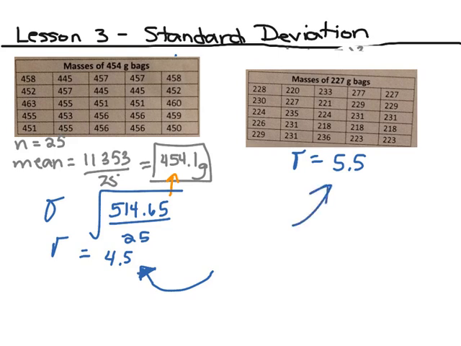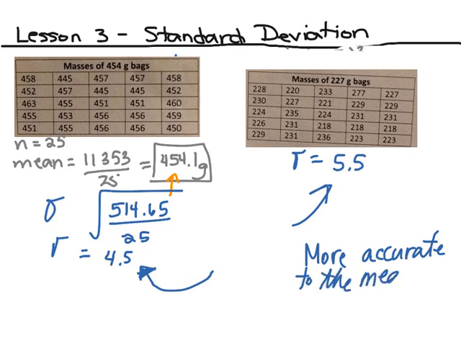For the 227 bags, it means it's going to be spread out farther away from the data. So the one that is more accurate to the mean, the average, is the 454 gram bags, because the standard deviation is smaller.